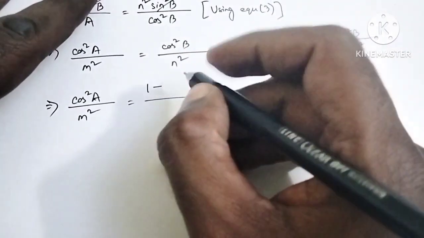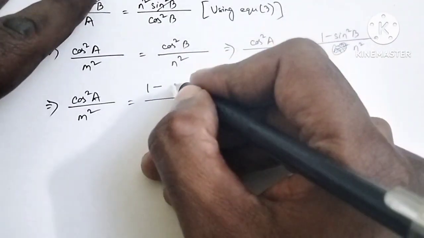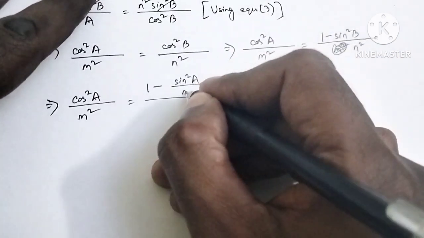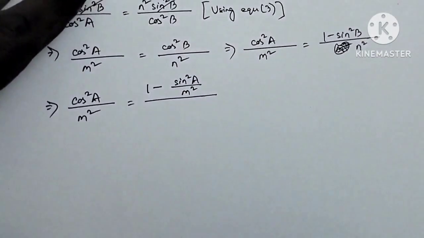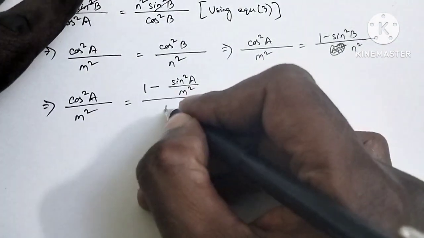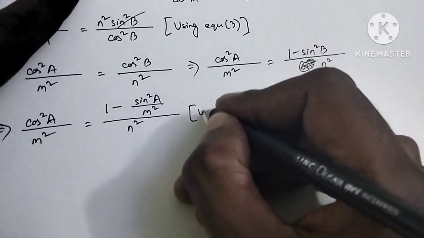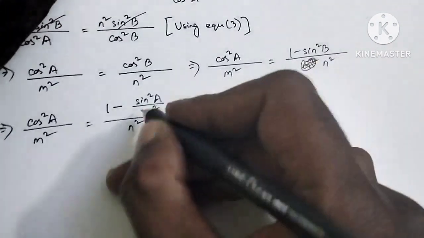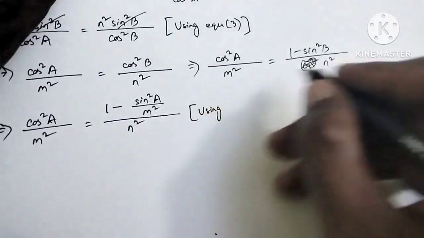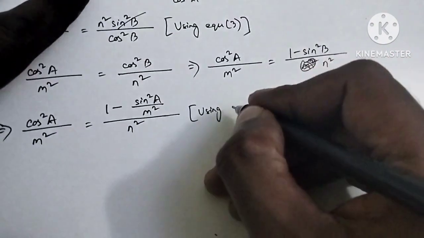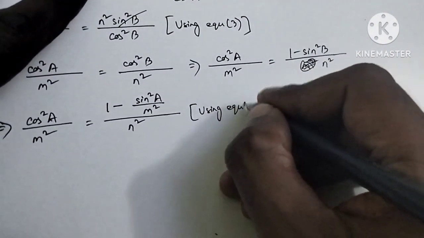So I will write it as 1 minus sin square A by m square, right, whole divided by n square. Instead of sin square B we are writing sin square A by m square. We got this value using equation 3, right?